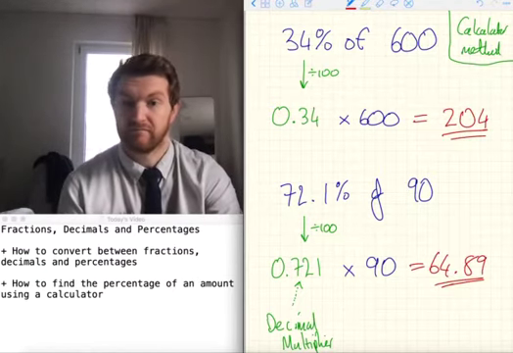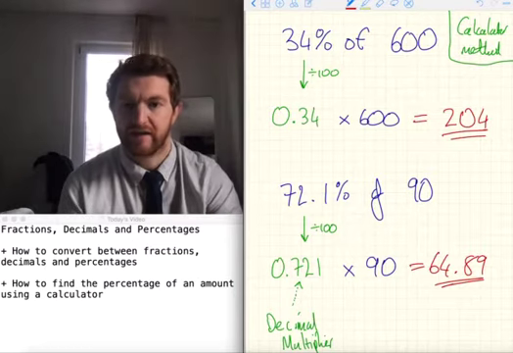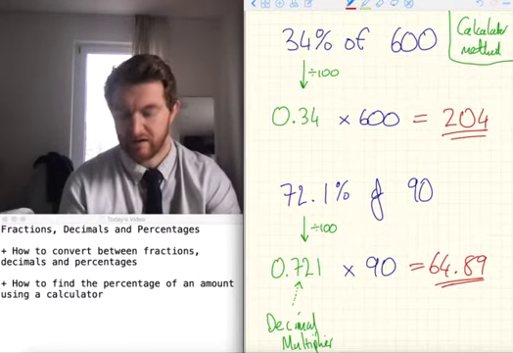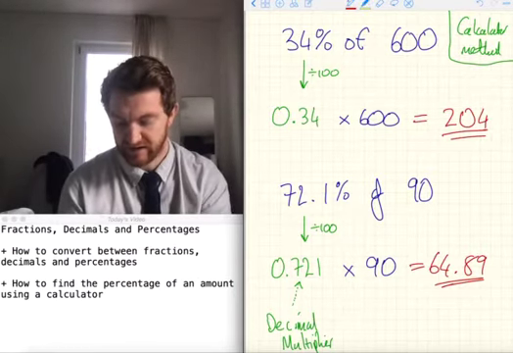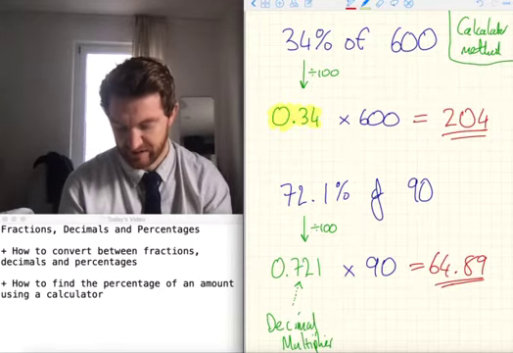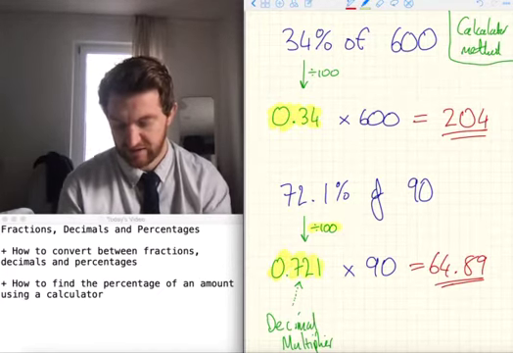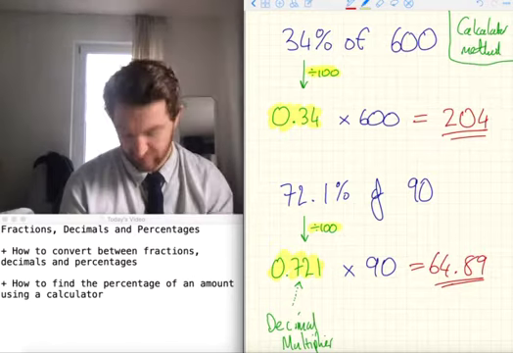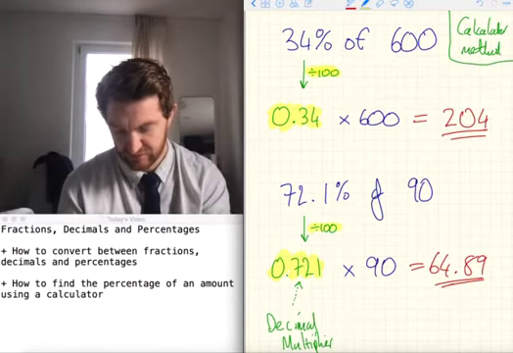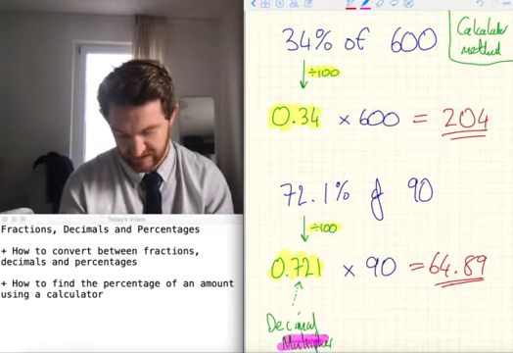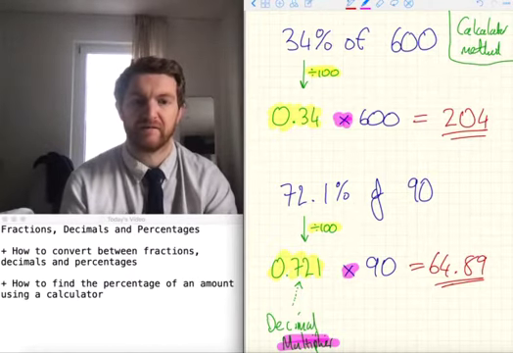And that's it. Finding a percentage amount with a calculator is very straightforward. The most important thing to always remember is that you do this step first. You divide by 100 to get your percentage as a decimal. It's called a multiplier because you multiply by the amount.